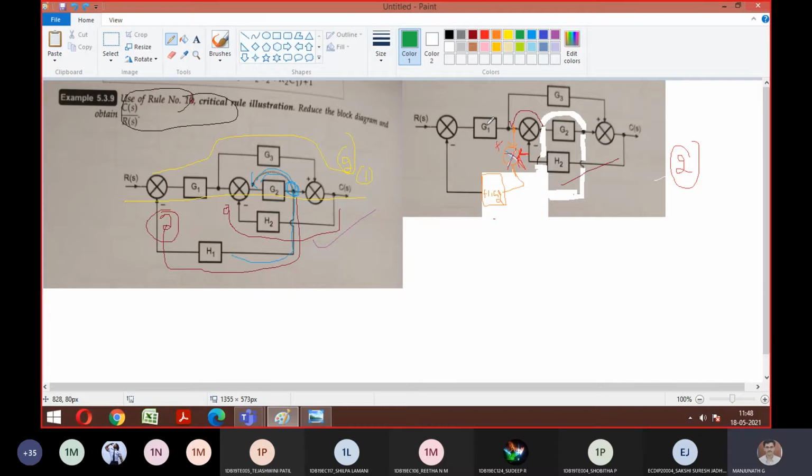If we split, G1, H1, G2 along with this is going to be one path. Similarly, H2 along with this is one more feedback path. This summing point is connected to H1, G2 and also H2. It means we need to add one more path here.